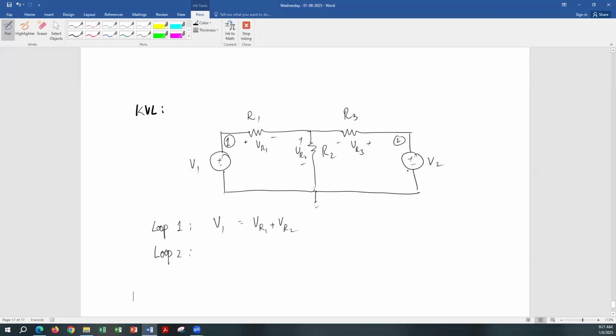If I start with V2, then V2 is equal to VR3 plus VR2, or negative V2 plus VR3 plus VR2 is equal to 0. Likewise, going clockwise in loop 2, you have negative VR2, negative VR3 plus V2 is equal to 0, which gives you the same equation anyway. So KVL is simple: the sum of all the voltages around a loop is 0.